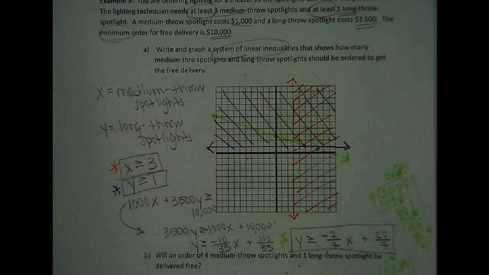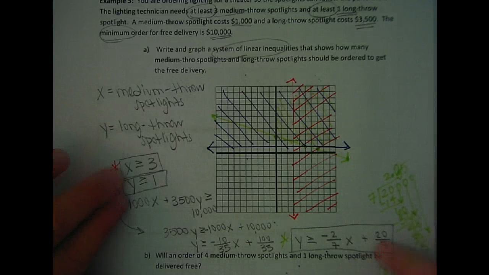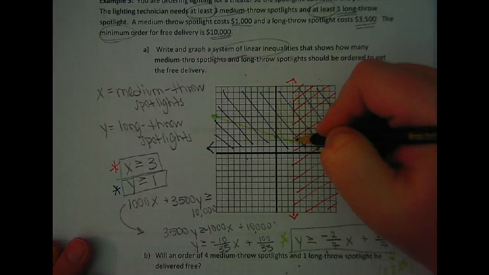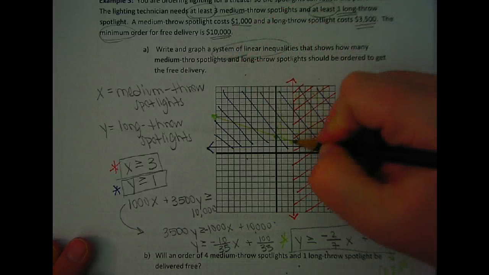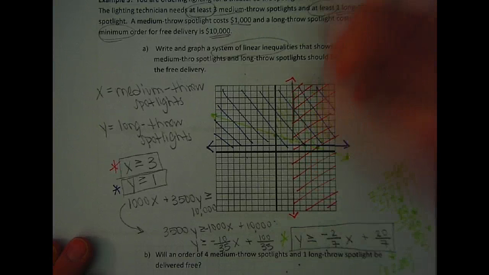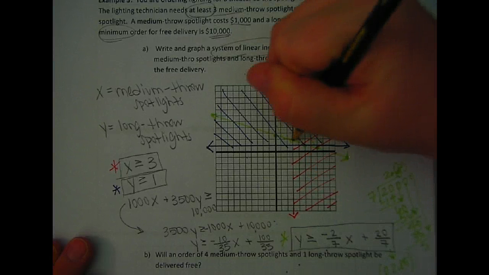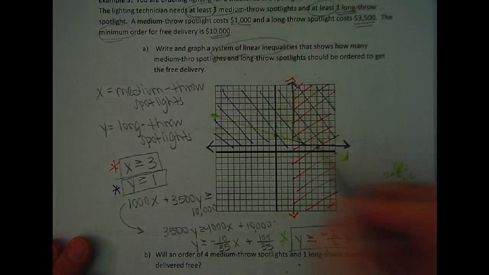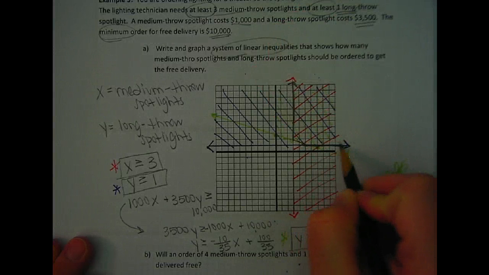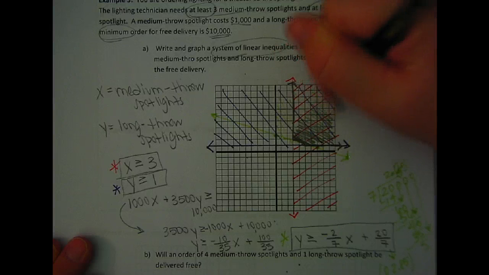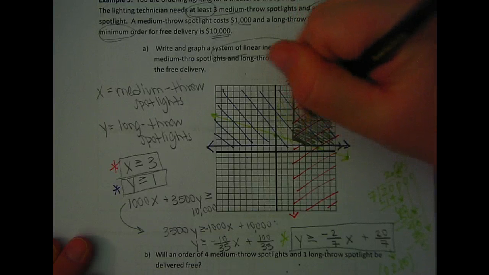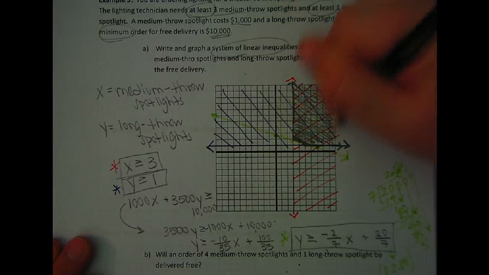So if I have to talk about the triple shaded region, the region that satisfies all 3 of my inequalities, I can draw an arrow that's going to go into infinity to right here. So this is the region that I'm talking about when I talk about what satisfies all 3.